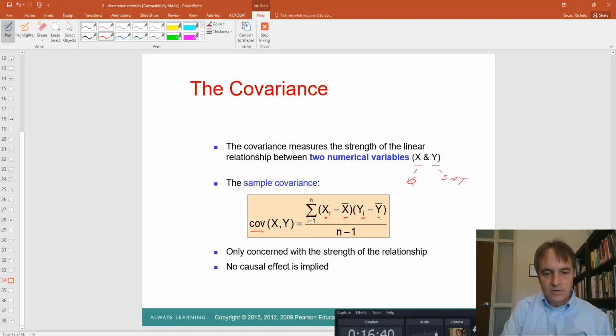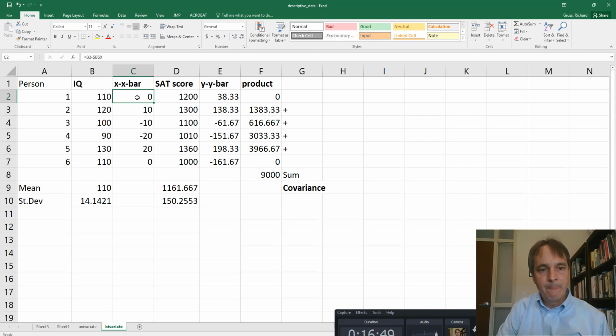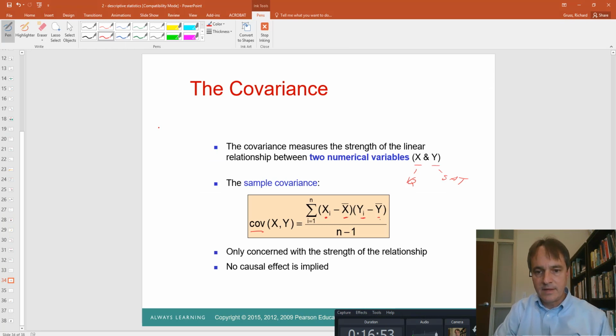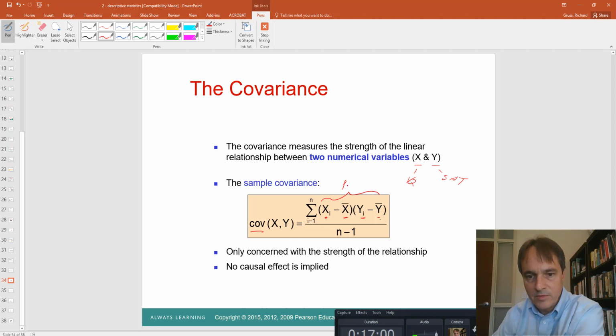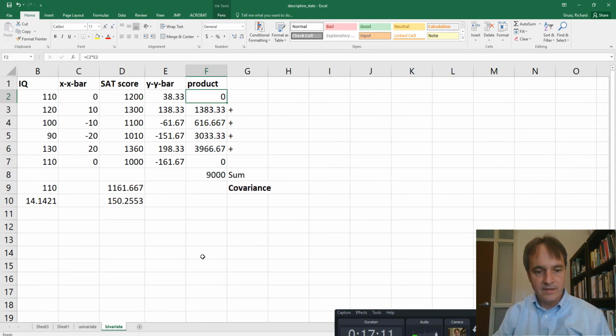Going back here, this was x minus x bar, this was y minus y bar, and this was their product. This is the column we just called product. Then we added them all up, so we put this sum right here.